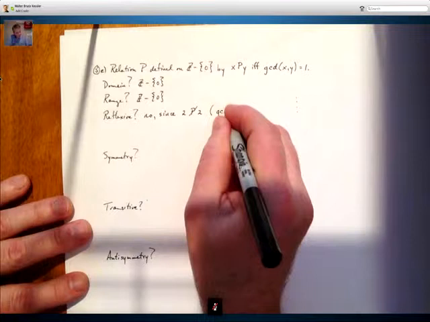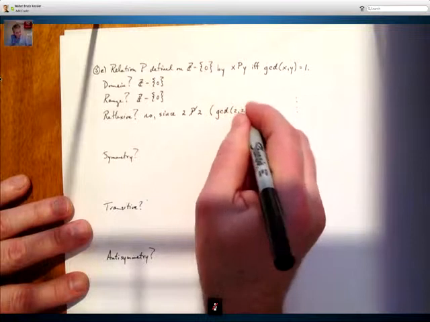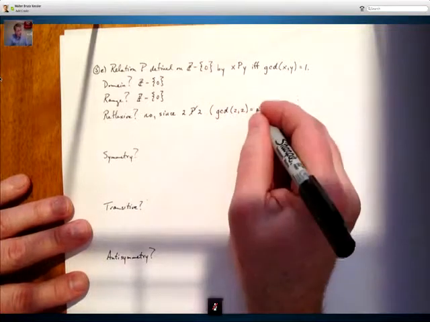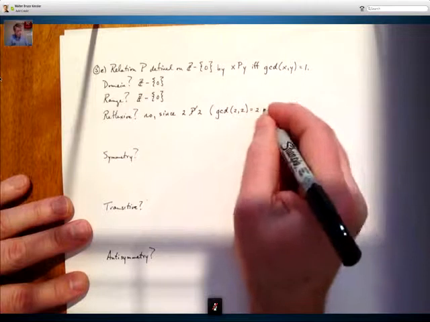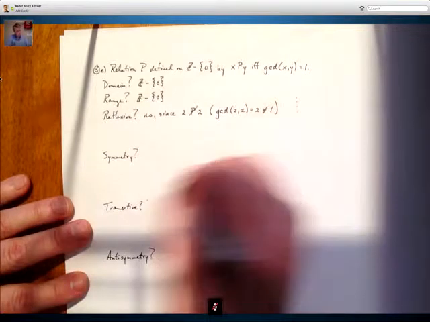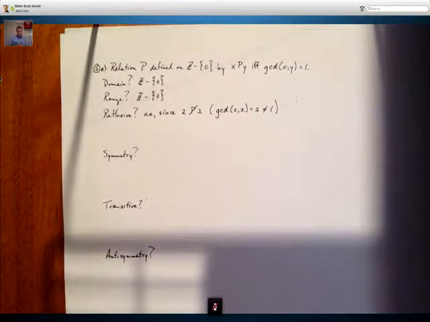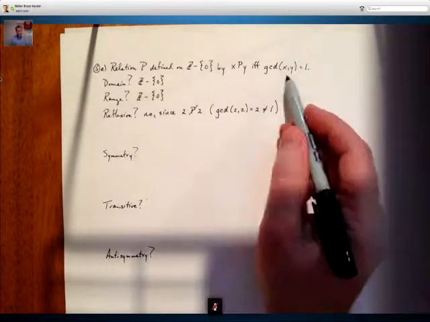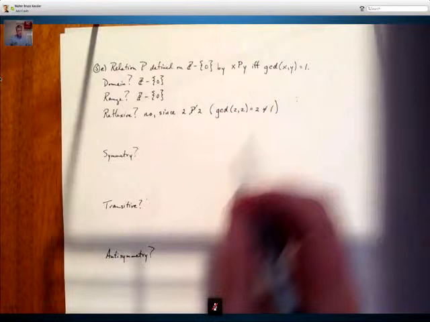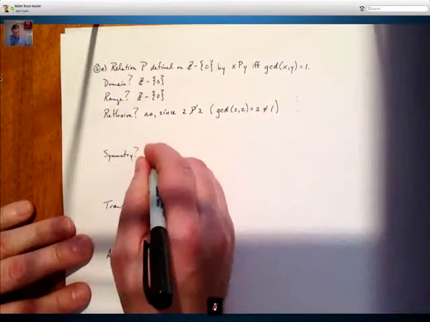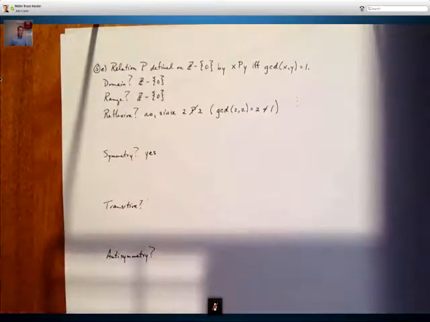And what I mean by that is the greatest common divisor of 2 and 2 is 2, which is not equal to 1. Okay. Symmetry, we should have symmetry because it really doesn't matter what order they go into this, right? If A and B are relatively prime, then B and A are relatively prime, right?